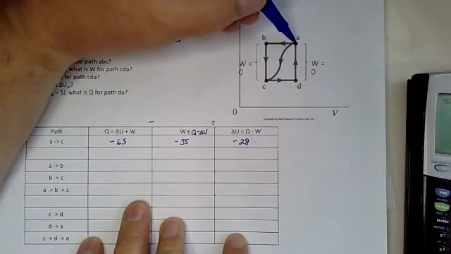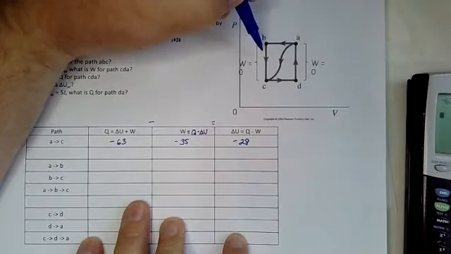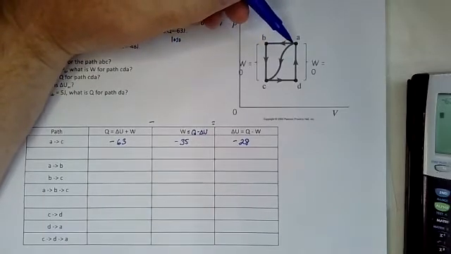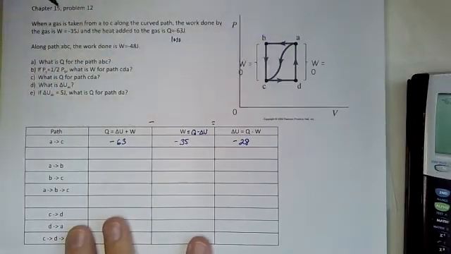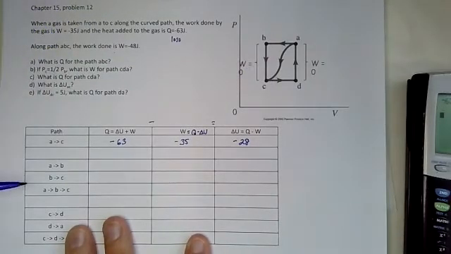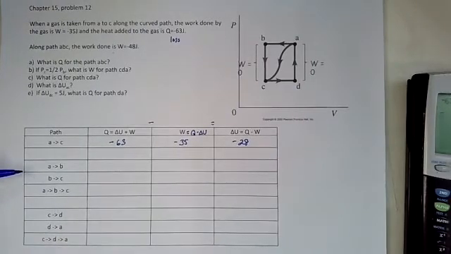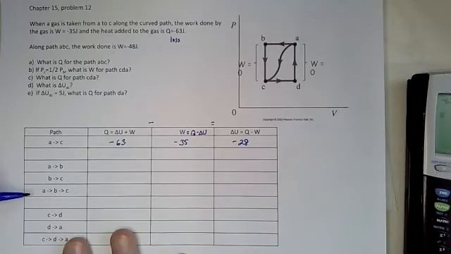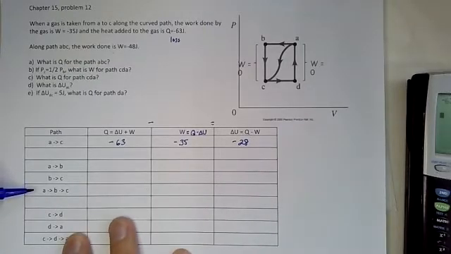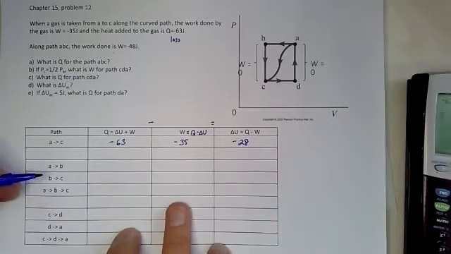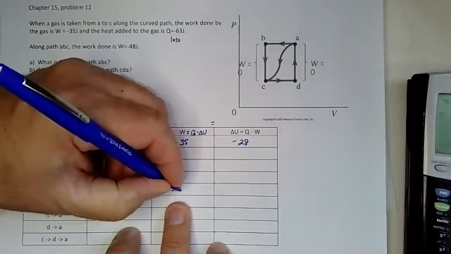That makes sense it's negative because the overall change in volume is going to be a negative number. It gets smaller. So along the path A to B to C, notice I broke it up into two different parts because each leg of that pathway has different properties. So A to B to C is negative 48. So I can write negative 48 right there.